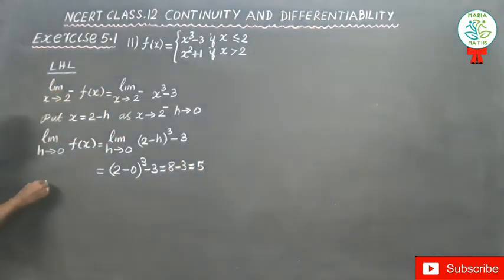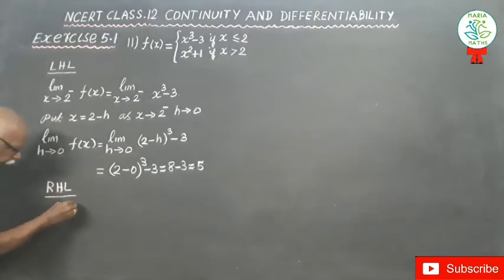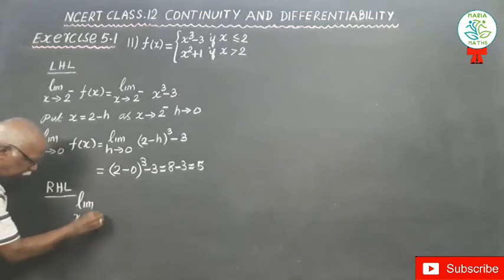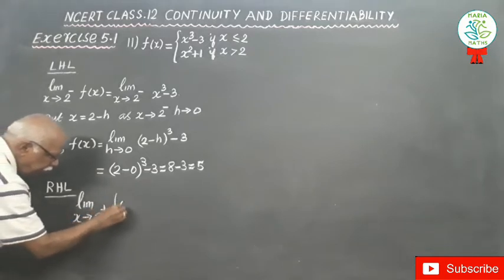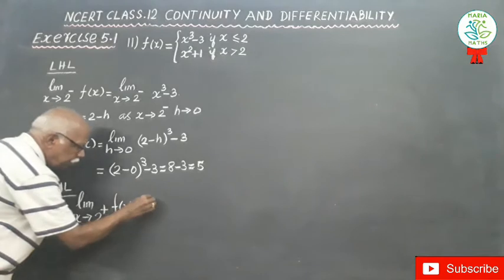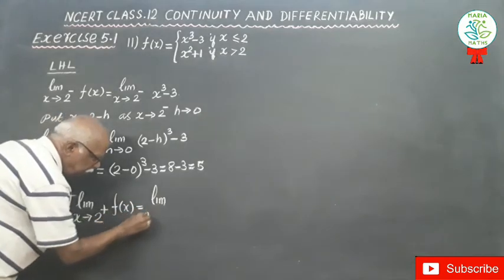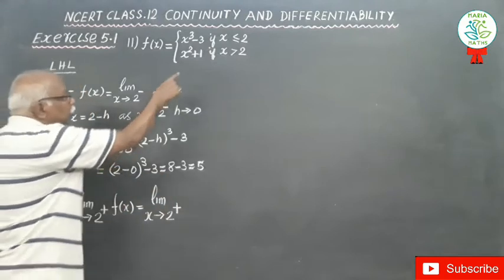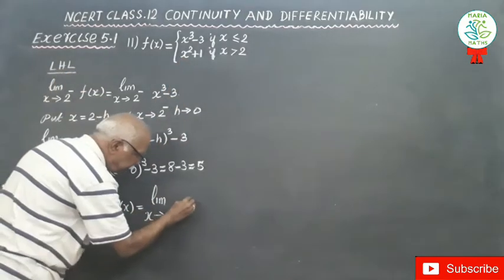Now RHL. Limit x tends to 2 plus f of x equal to limit x tends to 2 plus. For x greater than 2, the function is x square plus 1.